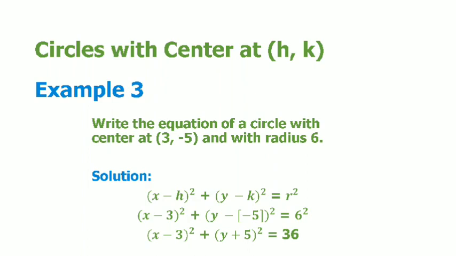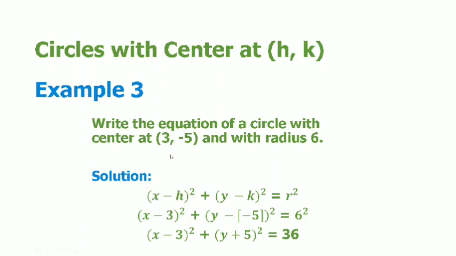Okay, so we have now the third example. Write the equation of a circle with center at (3, -5) and with radius 6. The first step of the solution, we will write the standard form of the equation of a circle at (h, k). So we have here the quantity (x minus h) squared plus the quantity (y minus k) squared is equal to r squared.